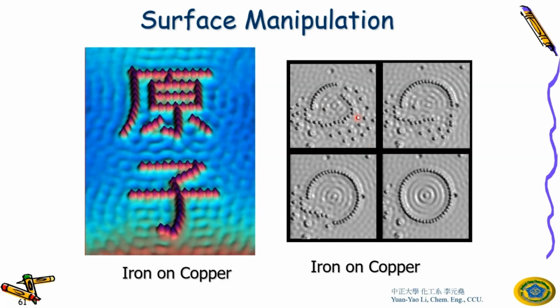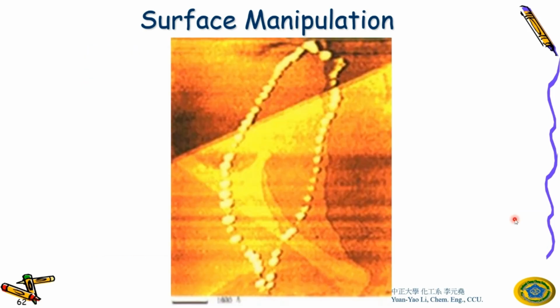You can put atoms together by the interaction of the tip and one single atom. So you put atoms together, you can make a circle, even make a Chinese character. This represents atom, right? 原子. You put the iron atoms on the surface. Okay? So you can make a figure of Taiwan if you want to.